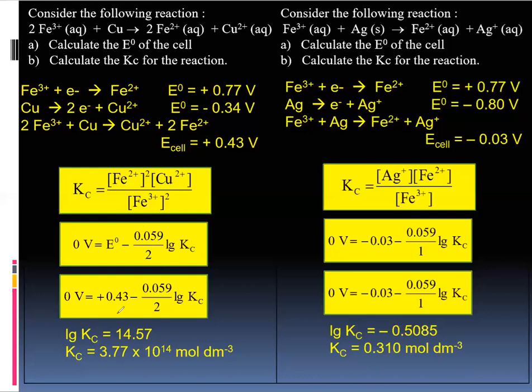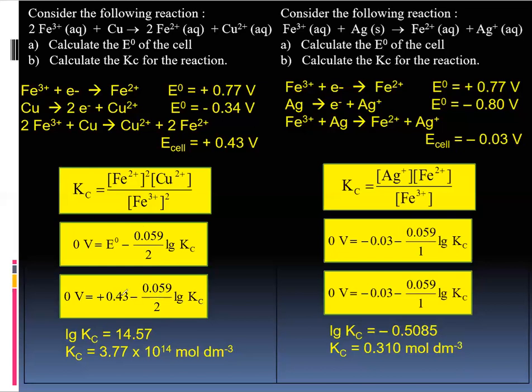If I punch this correctly again, I'm going to have 0.43, which is the value we've gotten here, minus these values, log of Kc. If you do the math correctly, you just divide 0.059 by 2 and you get a value.